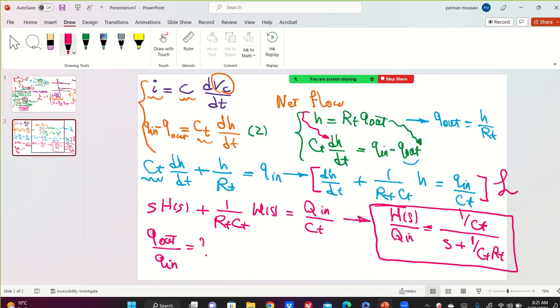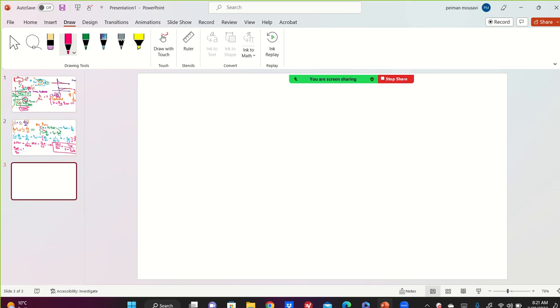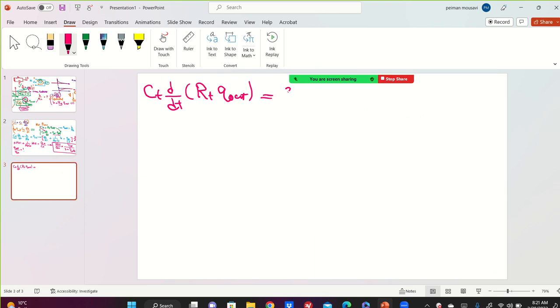Okay, so it's gonna be CT dH over dt. Your H was RT Q out, equals, look at here, Q in minus Q out.